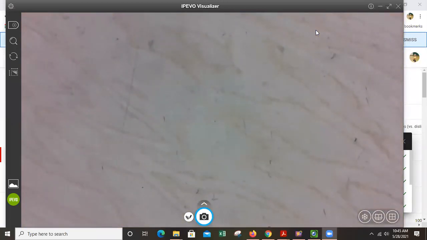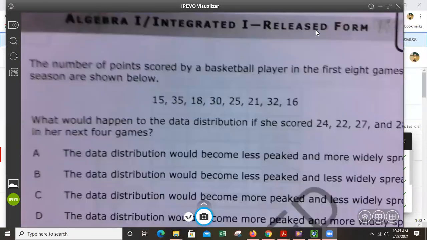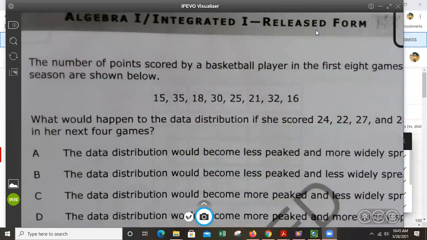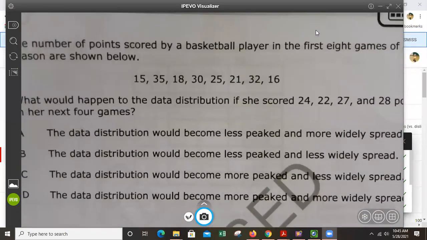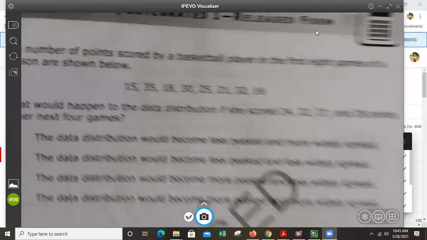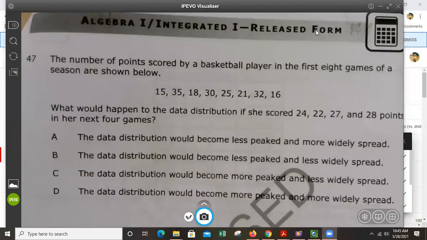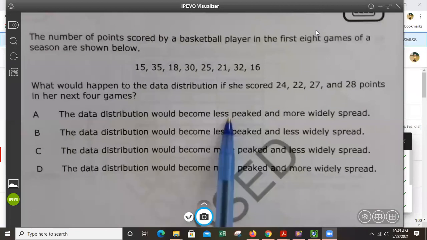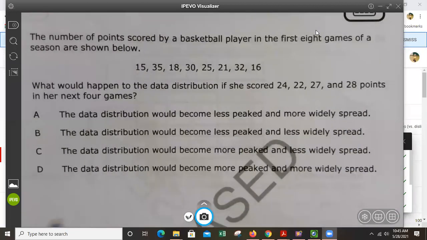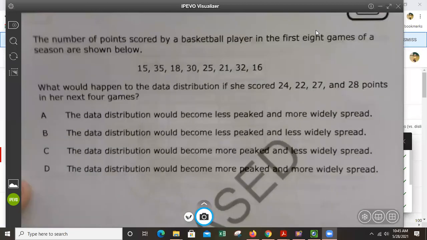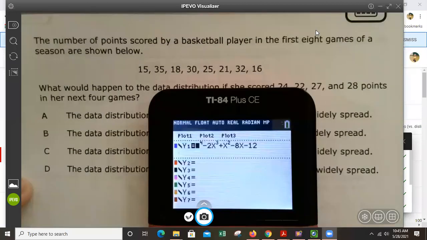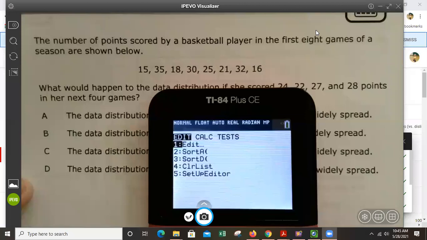All right, 47. We're talking about being less peaked and more widely spread, so that's going to be your 1-bar stats stuff. All right, so here's what we're going to do.